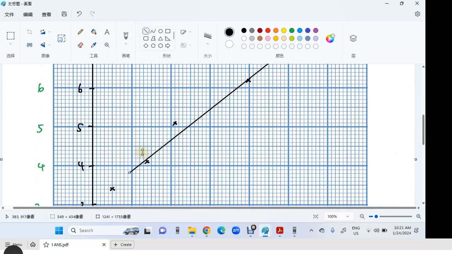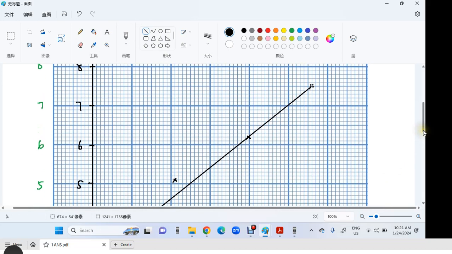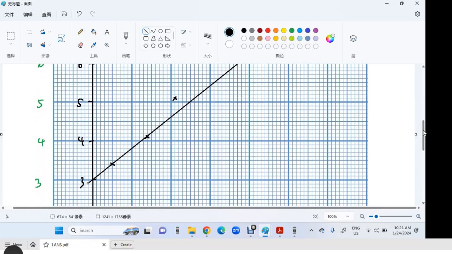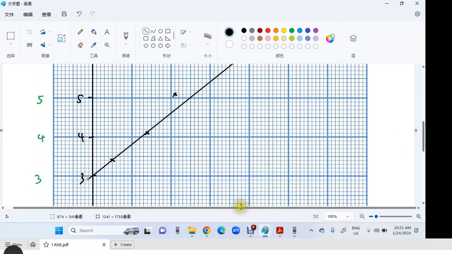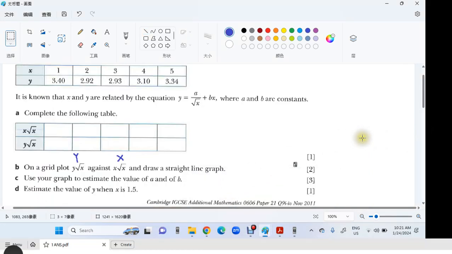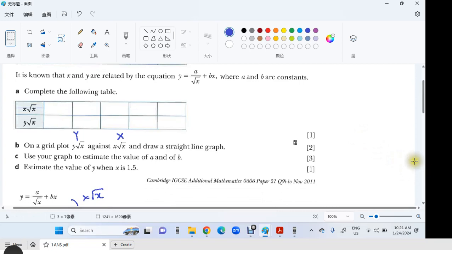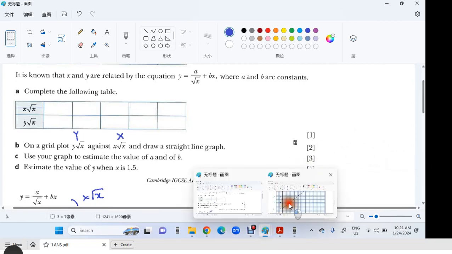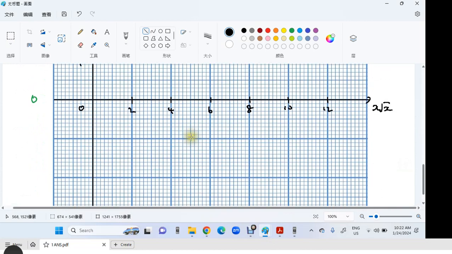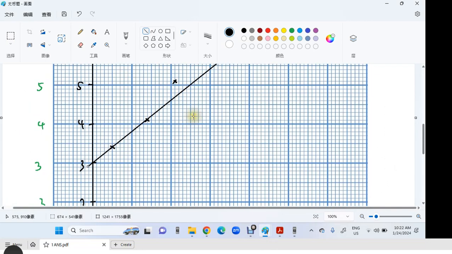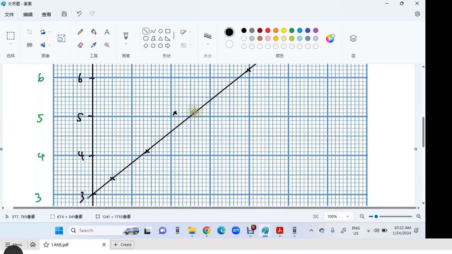So we draw the line of best fit here. Oh, one point not connected. 5.2, 5.07.